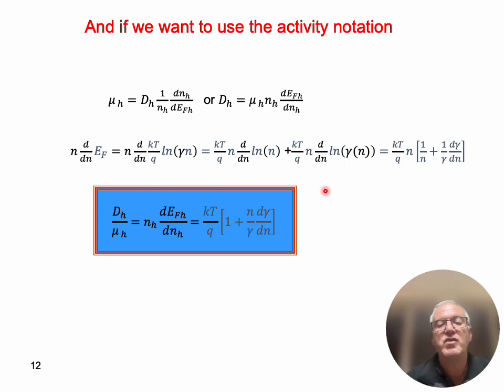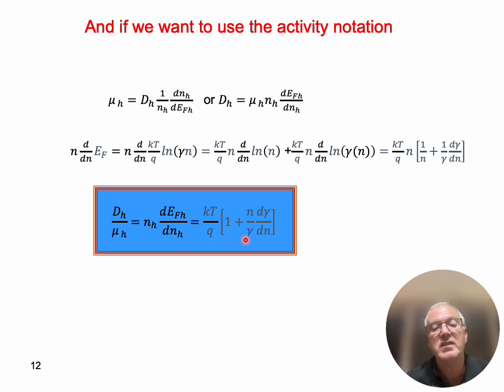We can repeat the same type of derivation using the expression that employs gamma, or the activity coefficient, that we've seen two slides ago. And if we go through the same type of math and derivation, we can see that there is another way to express the generalized Einstein relation. It is composed of the classical Einstein relation, which is represented by the 1 here. And there is an additional term which has to do with the activity coefficient dependence on the charge density.